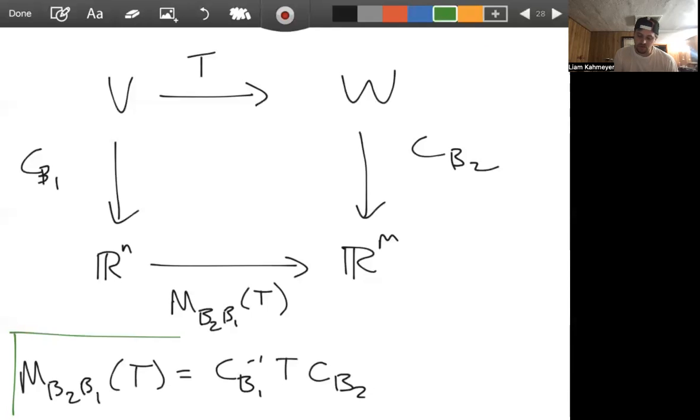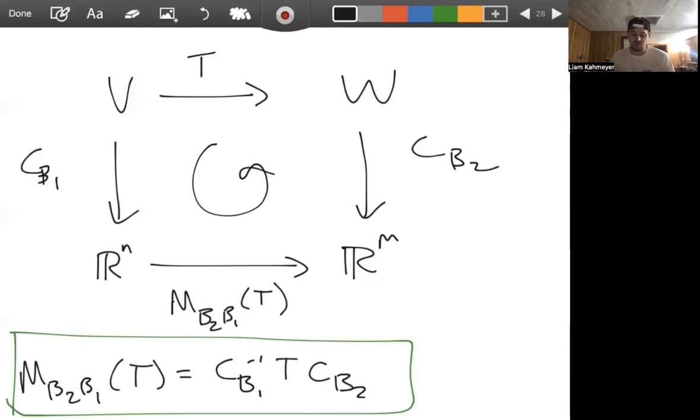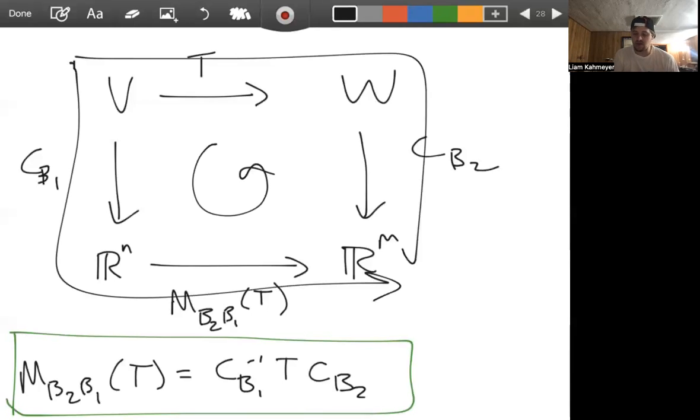This is exactly what you would get if you look at the commutativity of this diagram, meaning that whichever path you take, you get the same thing. And so we're defining this map to be, you go C_B1 inverse first, and then T, and then C_B2.